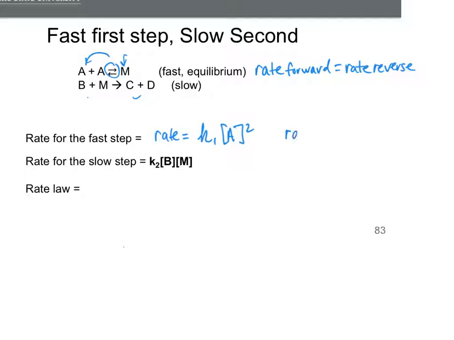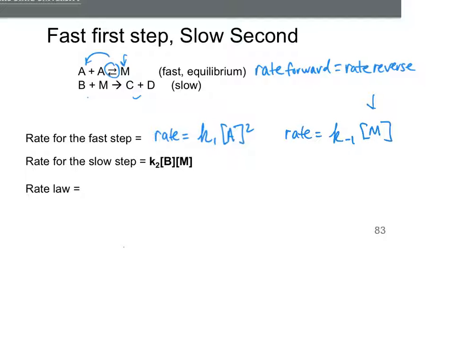In the reverse, rate equals K minus 1. So it's showing that it's a K for the first step, but the minus tells me that it's going in the reverse direction. K minus 1 times M. So in the reverse direction, the products of that step 1 become the reactants. And so it's still an elementary reaction. So we can use that here in place of the forward reaction where it was A squared.